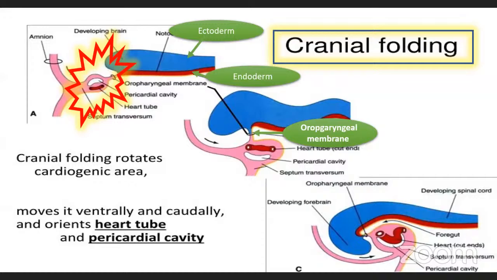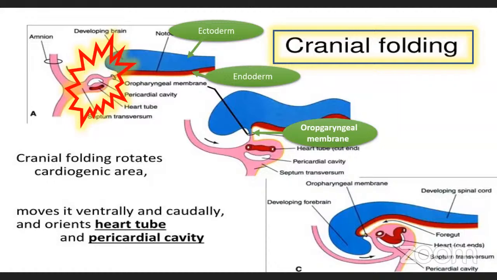Now, the ectoderm end starts folding. So the cranial end comes to the caudal end, and this will pull the tissue here more caudally, coming from the head to the neck area. As it continues to keep folding, it completely goes to the chest cavity.